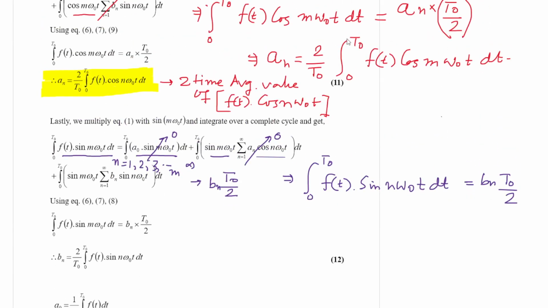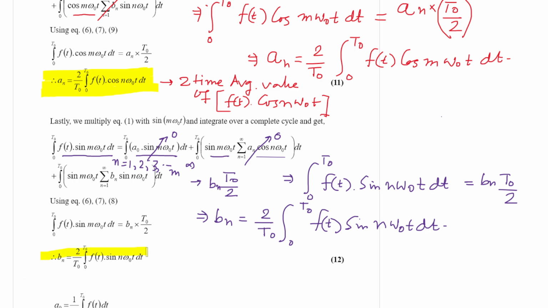So from there we evaluate bn, which is equal to 2 by T naught times the integral from 0 to T naught of f(t) sine n omega naught t dt. This is the expression.